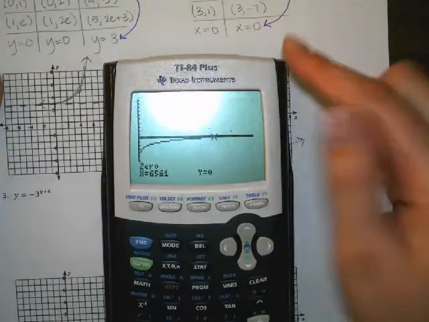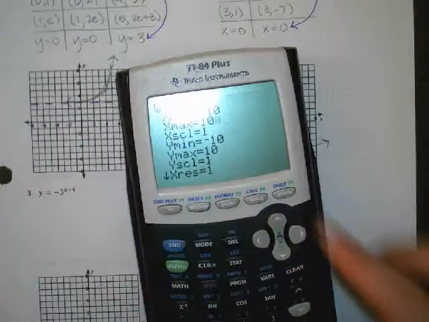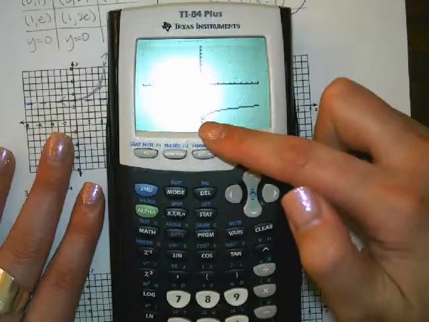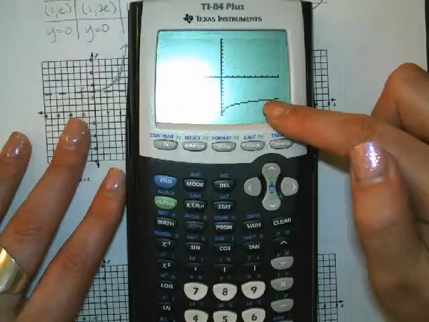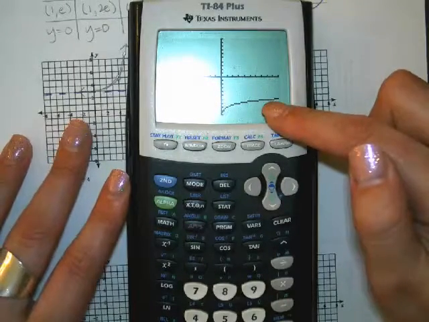Okay, so the reason that I have you guys graphing these by hand is because a lot of students would look at their original graph, and they would tell me that not only does this have a vertical asymptote, it has a horizontal asymptote, and that's wrong. They do not have horizontal asymptotes, they only have vertical asymptotes.